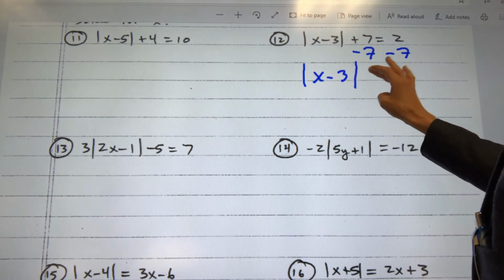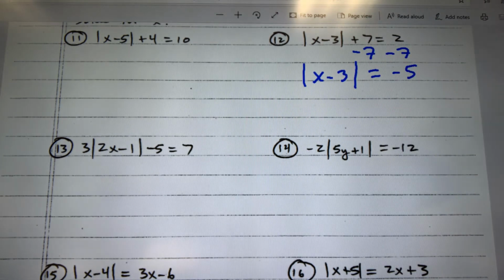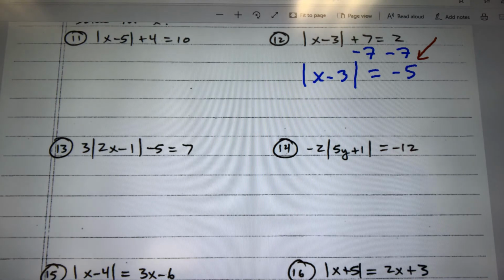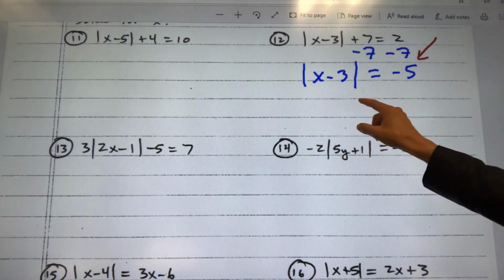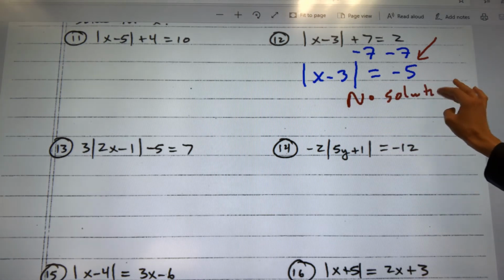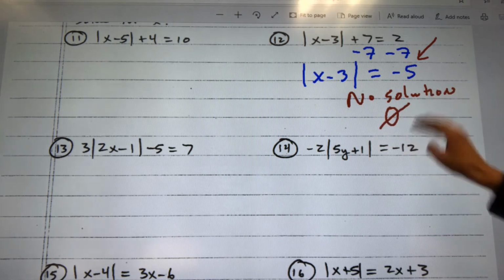The absolute value of x minus 3 is negative 5. Alarm bells should be ringing. Can you have the absolute value equal a negative number? Can you run negative 5 miles? It goes against the definition of absolute value. Absolute value is 0 or more, always. This is a false statement. No solution, which can be written like that.